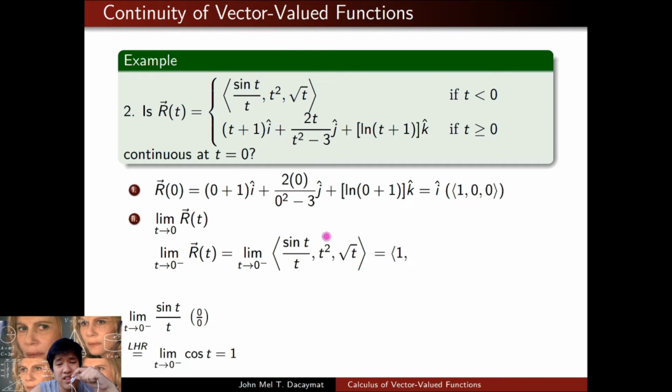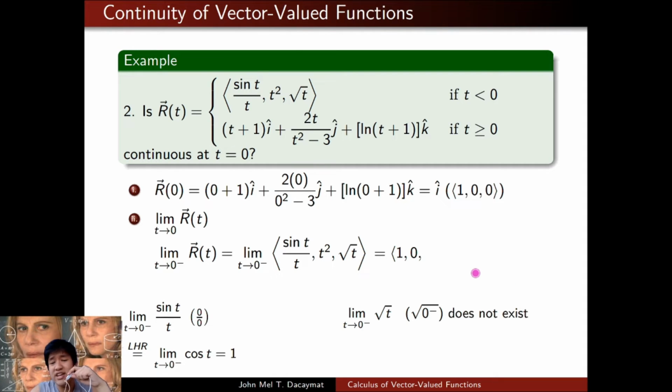For the second component, as we take the limit of t going to 0 from the left, you can just plug in 0. We won't have a problem. Now, for the third component, you have the square root of t. It's very tempting to just plug in 0. It's just the square root of t, after all. But remember that the limit as t approaches 0 from the left of the square root of t, something of the form square root of 0 minus, what?